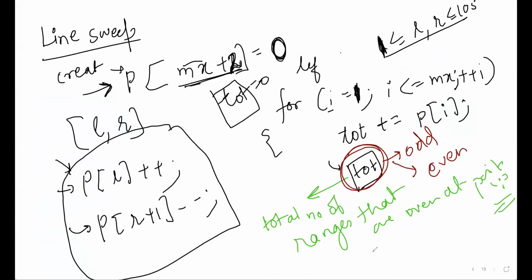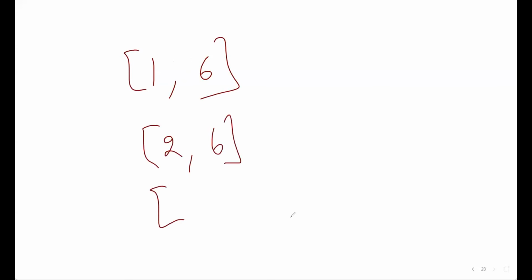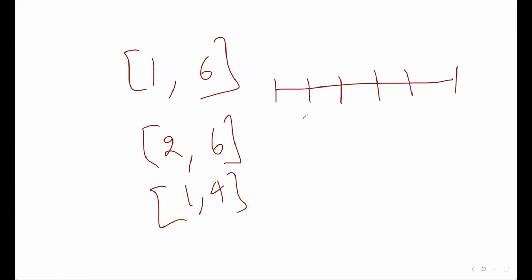Okay, let us consider some example. First example, let us take: we have 1 6, 2 6, and okay, what was the third range? 1 4, 2 6, 1 6. So what I'm saying here is, this is my line: 1 2 3 4 5 6 7.